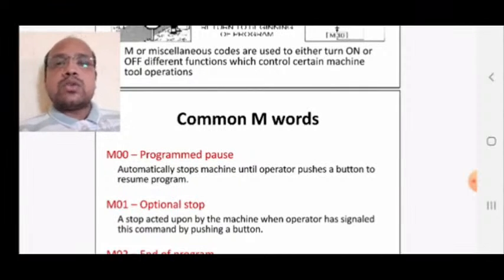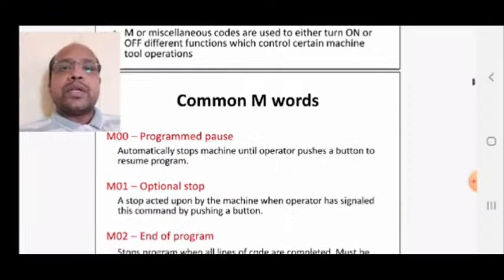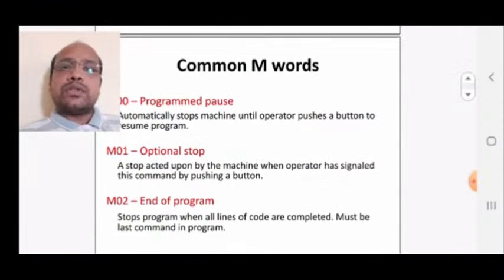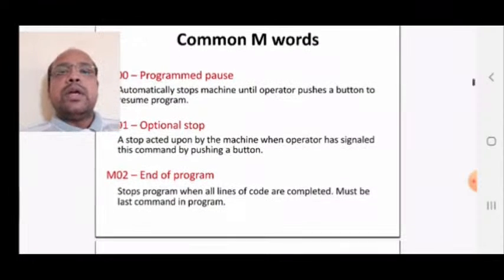Nowadays switches are also available on the machine to pause the execution of the program. Then M01 is an optional stop, a stop acted upon by the machine when the operator has signaled this command by pushing a button. So a button is available for stopping of the program.